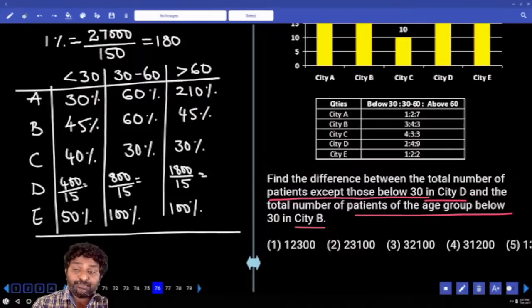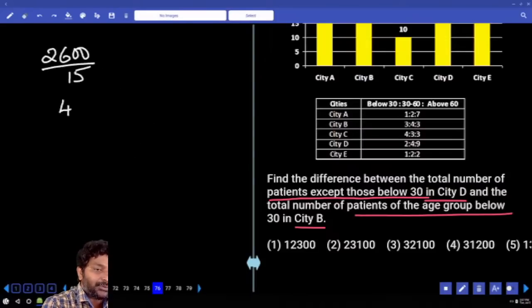Patients of the age below 30. Below 30 means this number only. Below 30, what percent? 40, that is equal to 45%. Where you know that the 1% value is equal to 180. This is 180 and this is also 180.